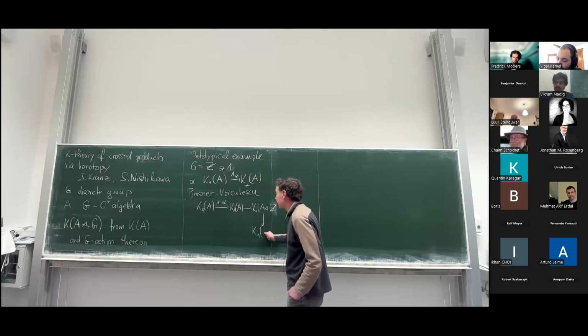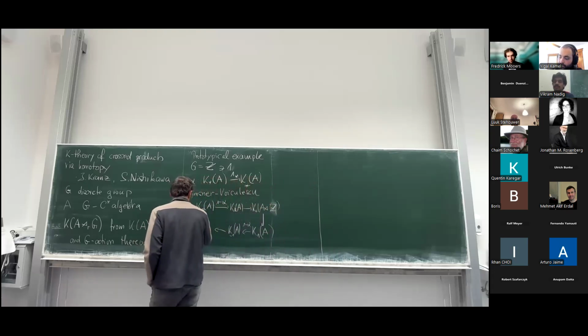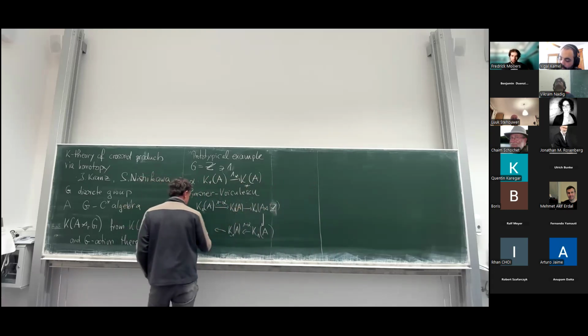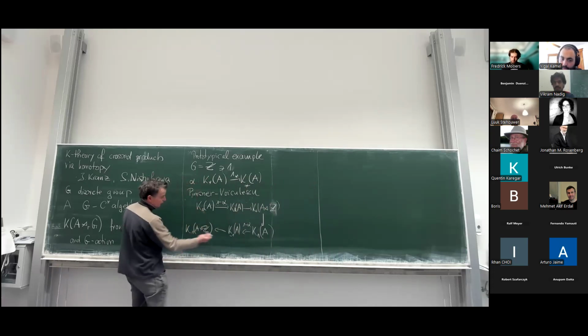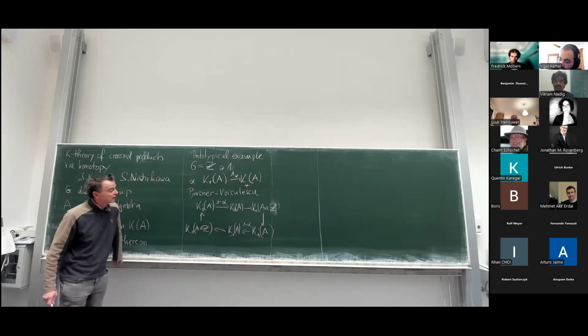Then I have K minus 1 of A, and then K minus 1 of A again with the action of the generator, and then the minus first K-theory. So this is part of the long exact sequence. It would continue with K minus 2, but by periodicity I get a map here. So I have such a long exact sequence.